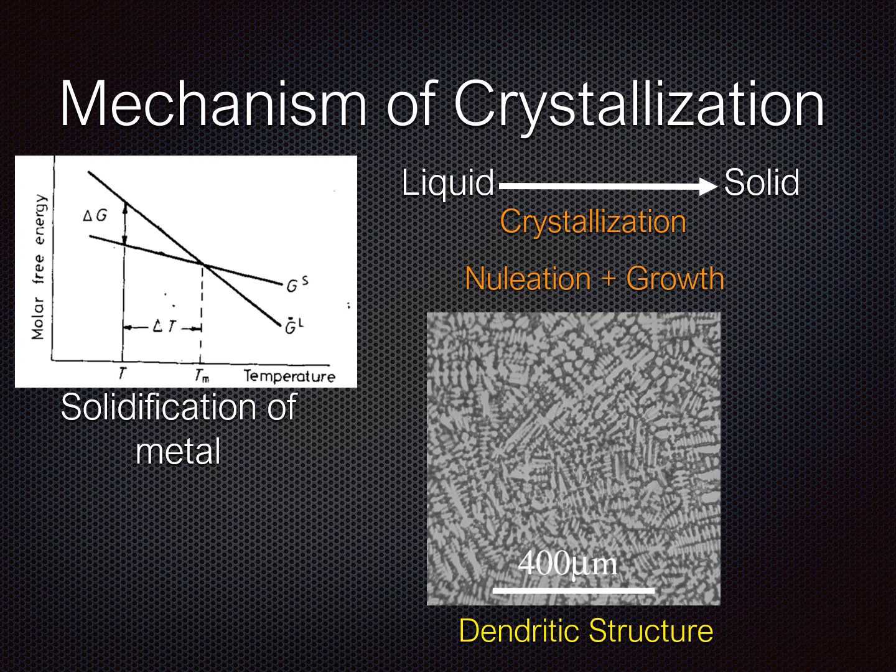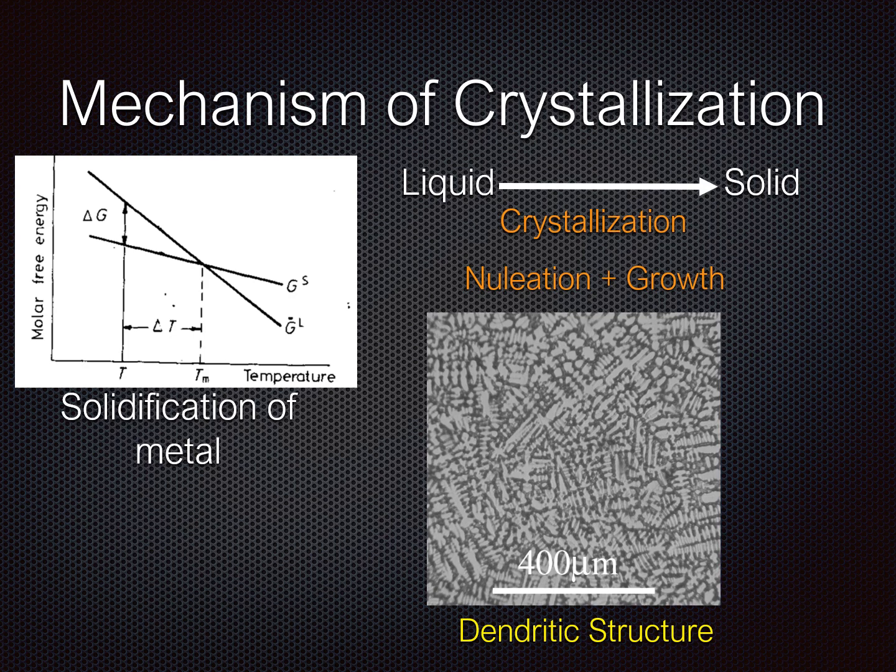The figure on the left hand side shows the variation of free energy with temperature for metals. Tm is the melting temperature. At this temperature, the free energy of the solid state and the liquid state is same. That is, the free energy difference between the two phases is zero.